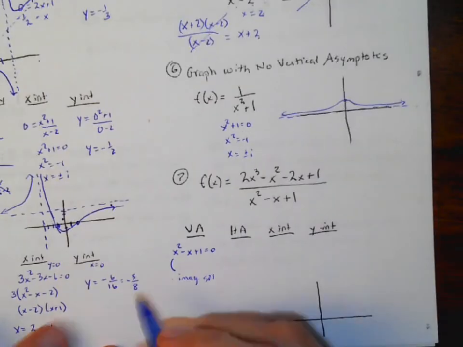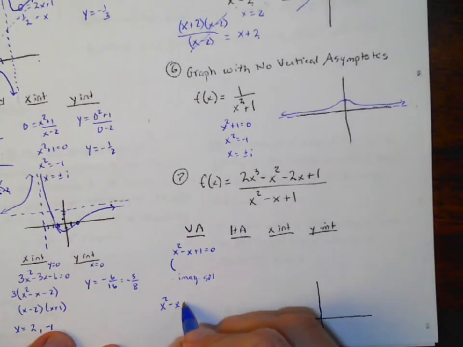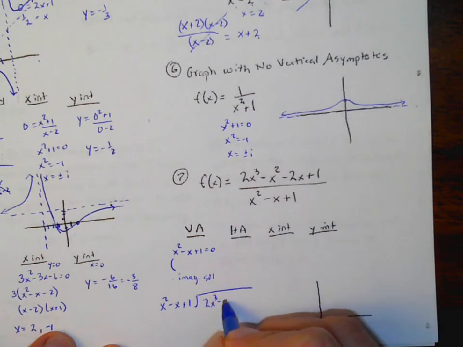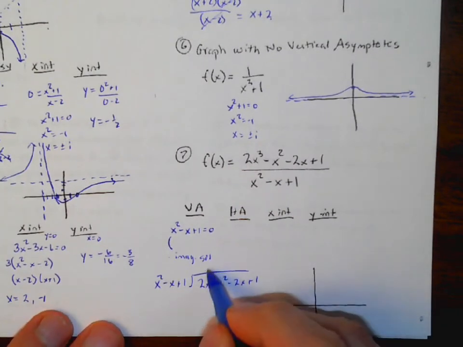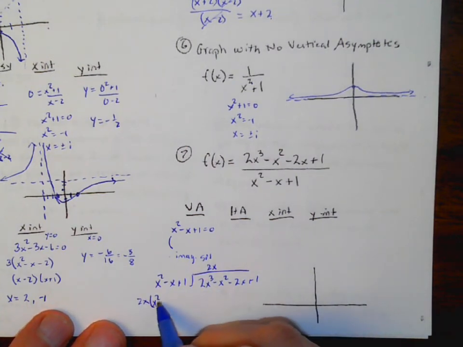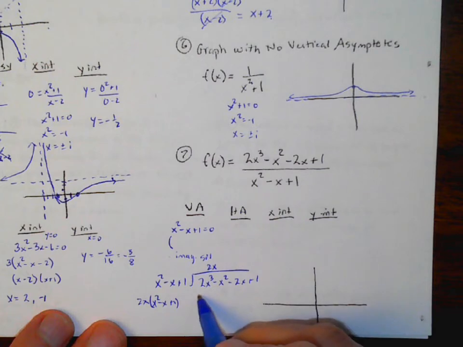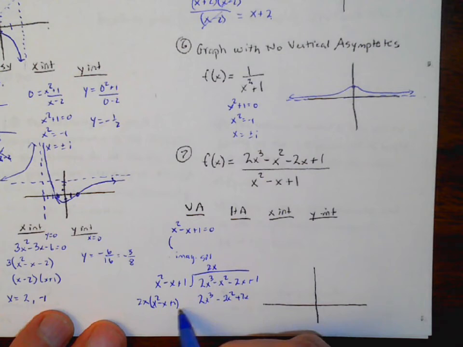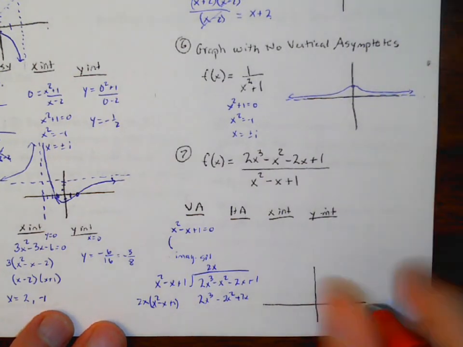So if you divide it, I'm going to get what, 2x? So 2x times this. And draw the line, change the sign to subtract.